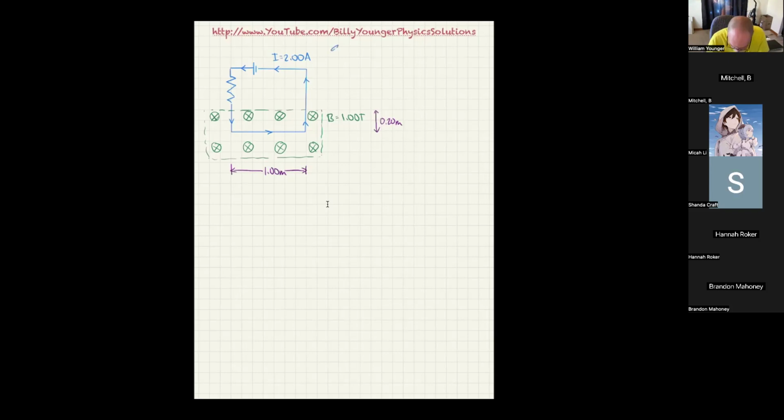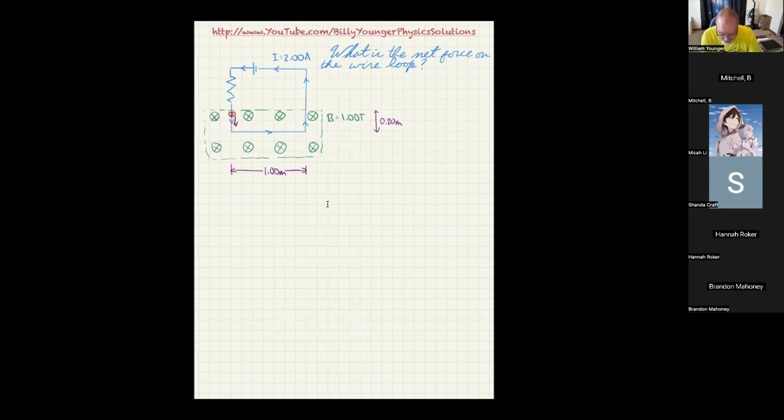So what is the net force on the wire loop? Okay. So first off, we're going to attack this little part over here. So I'm going to put a little red charge right here that's positive and going this way.